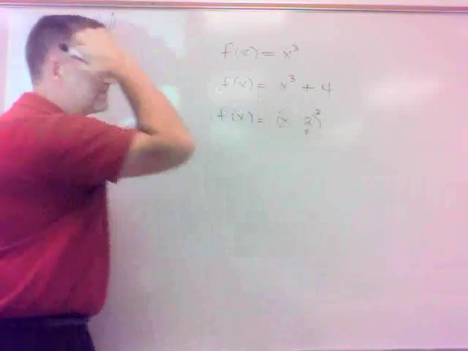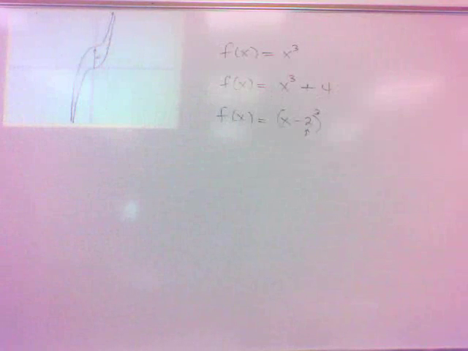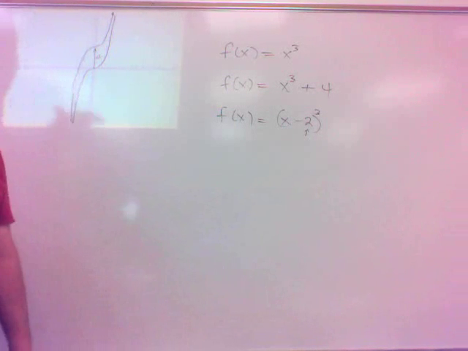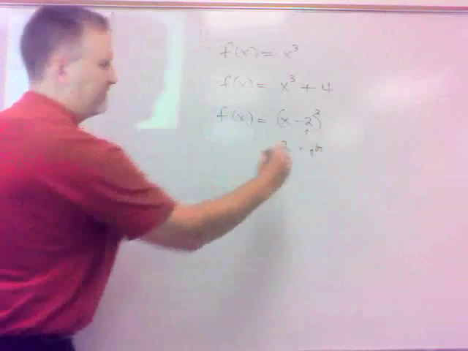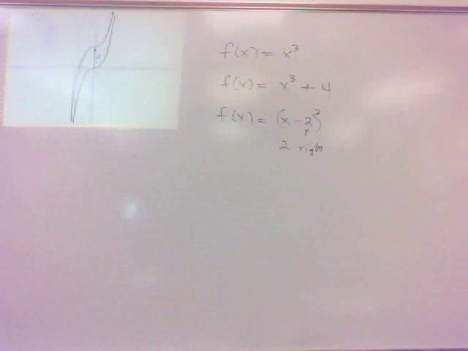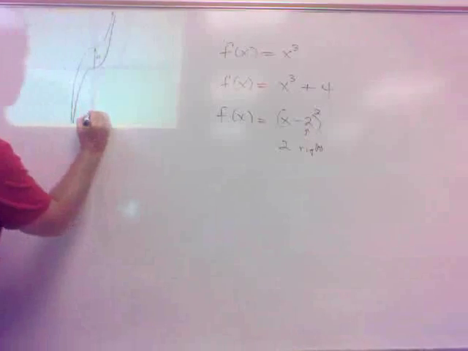The minus 2 is on the inside there, so that's a right or left. And a minus goes right, or does it go left? To the right. Okay. So I'm thinking to the right. So let's just verify that is what it does. There you go. So here's your x cubed.